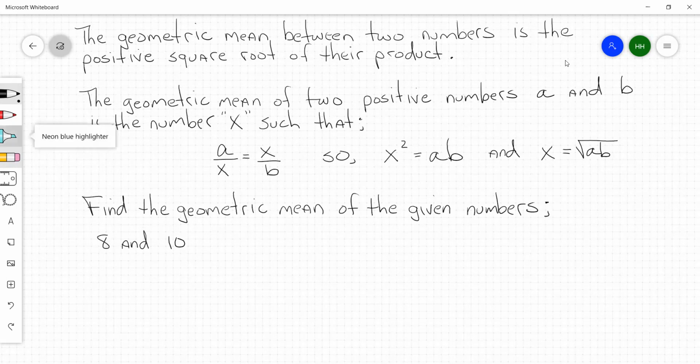So look, since this is the rule, then x is equal to the square root of 8 times 10.